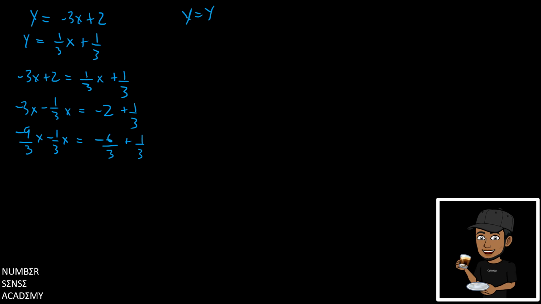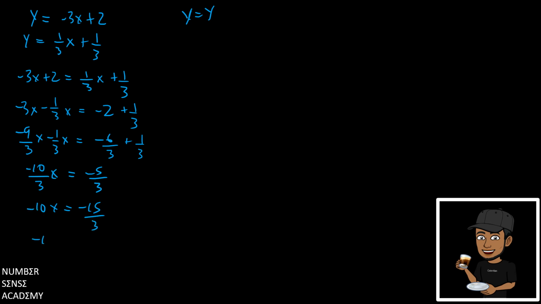So negative 9x minus 1/3 x gives me negative 10 over 3 x, which is equal to negative 5 over 3.